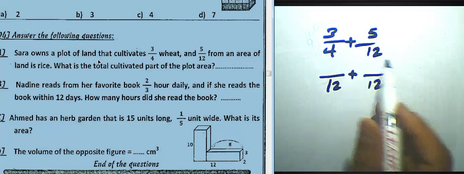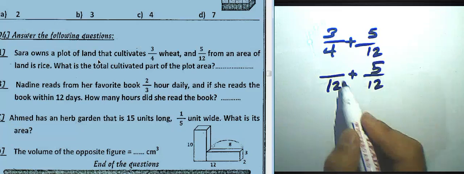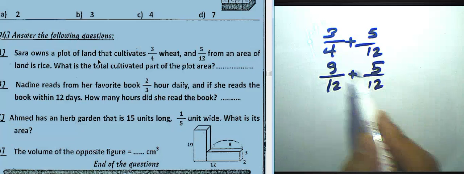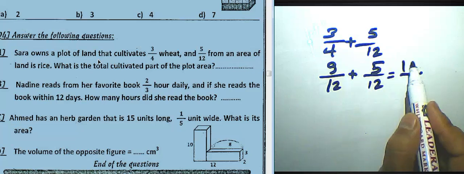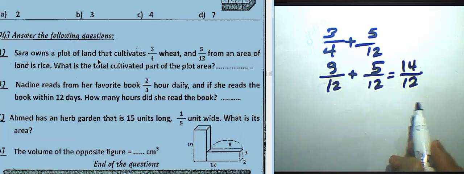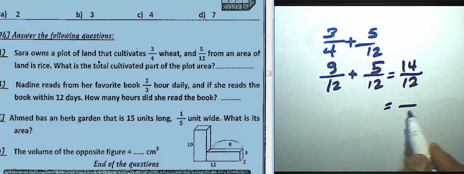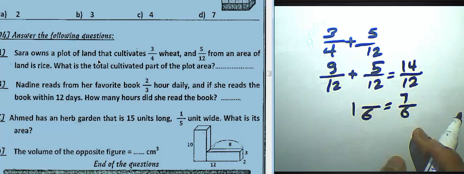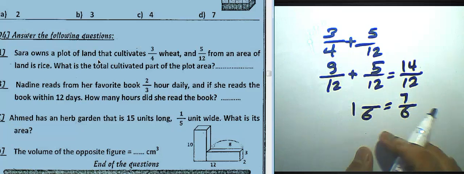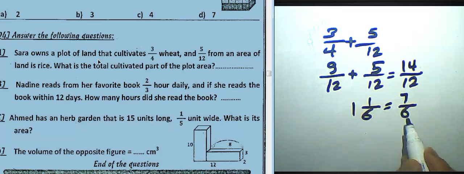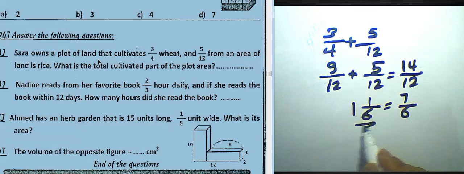The least common multiple between them equals 12. 3 times 4 equals 12. 3 times 3 equals 9. 9 plus 5 equals 14. 14/12. We can simplify it by dividing by 2, it will be 7 over 6, and we can convert it from an improper fraction to a mixed number. 7 divided by 6 equals 1 with remainder 1, so the result will be 1 and 1 over 6, the total planted part of the plot area.